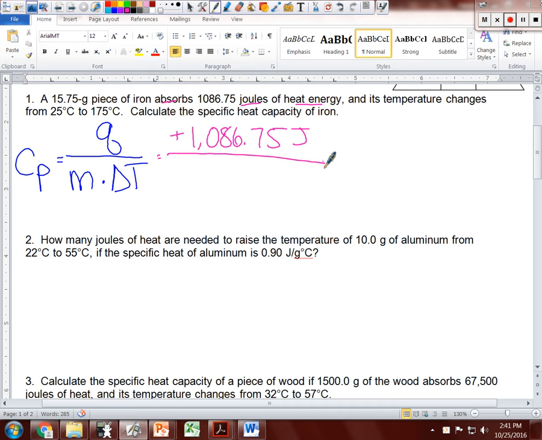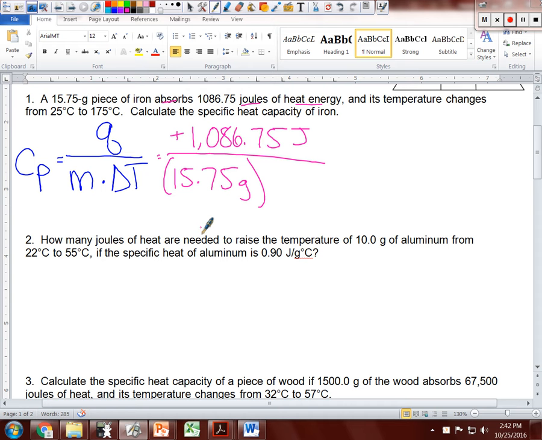Alright, the easy question. What's the mass of this piece of iron? Very good, 15.75 grams. It didn't even say mass, but you knew it because of what? The unit. Very good.